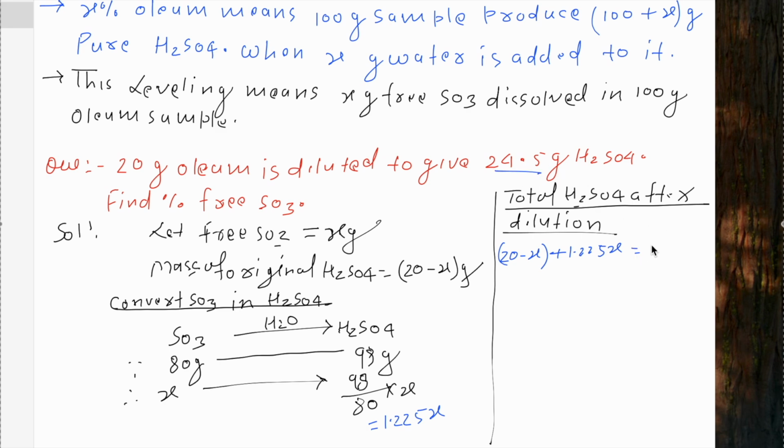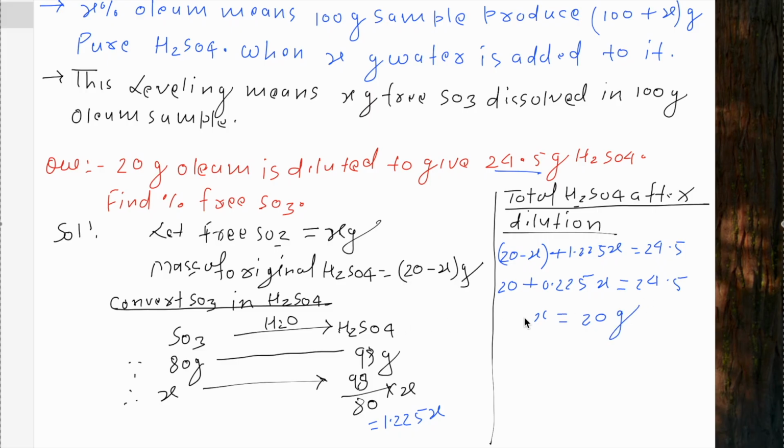So we will write here 24.5. Now solve this. When we are solving, we will get 20 plus 0.225x is equal to 24.5. Now by solving, we are getting x here is equal to 20 gram.